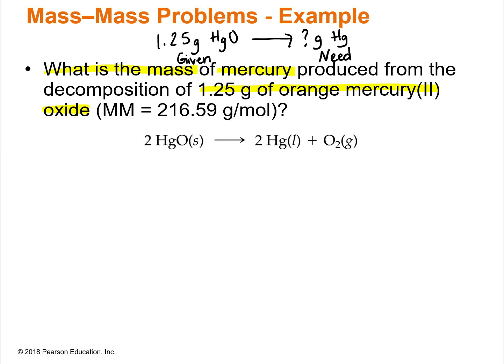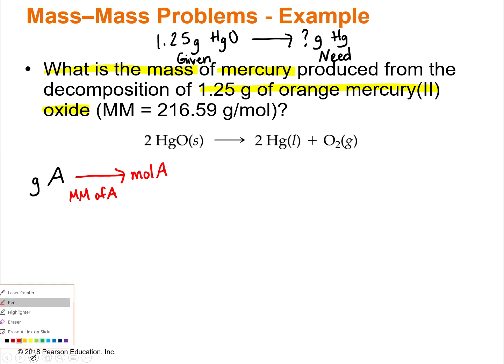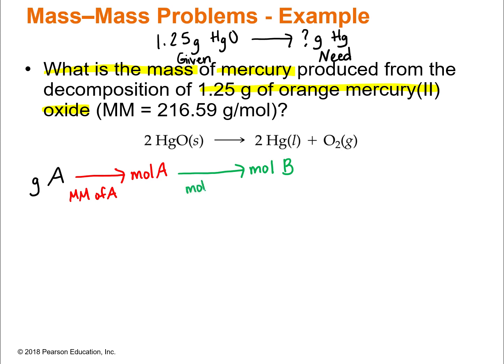The generic equation that we use for this is as follows. We've been given the number of grams of A. We need to turn that into moles. We need the molar mass of A. We need to convert the moles of A to moles of B. This is where the mole ratio comes in.